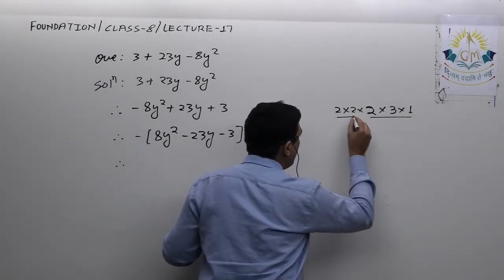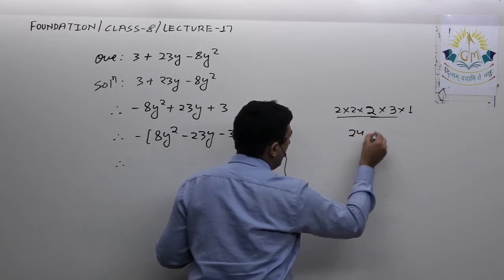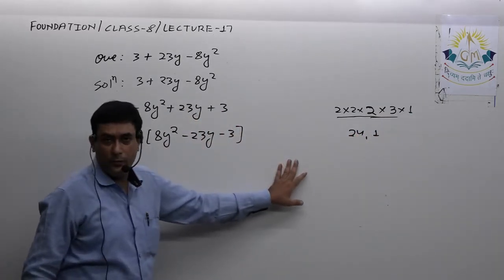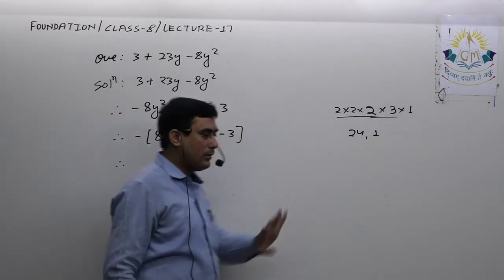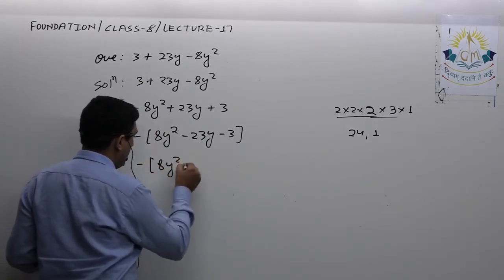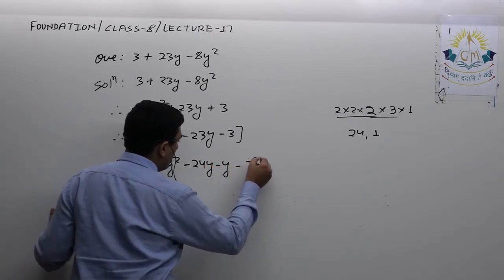Now next, if I take all these together in this way, so 24 and 1. Yes, their difference is 23 definitely. So here I have to take minus 24 plus 1. So minus 8y square minus 24y plus y minus 3.